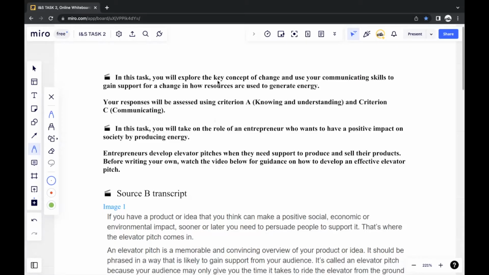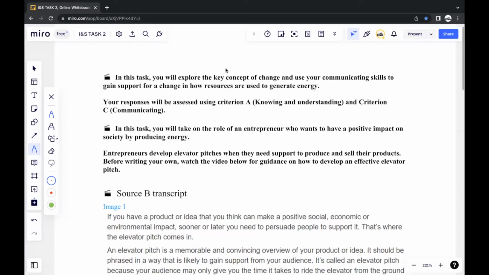So let's go through the instructions first. For INS task 2, it's especially important to read the instructions because there are certain details that are more important when it comes to your writing later on, more so than the essay that you'll have to do in task 3.